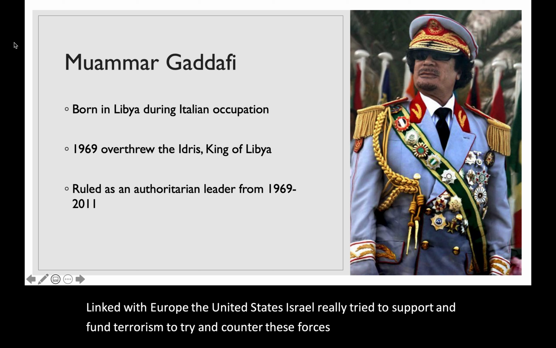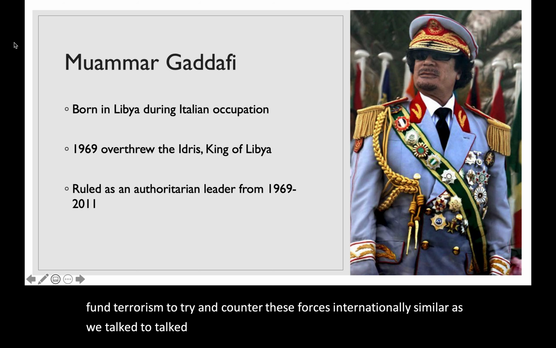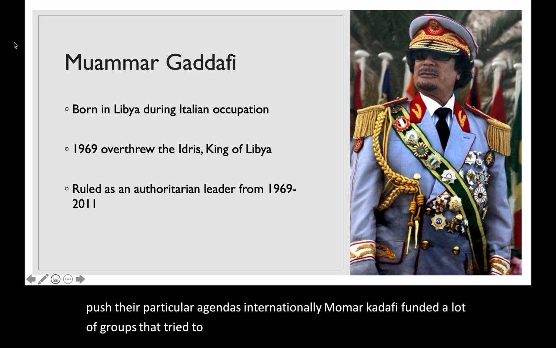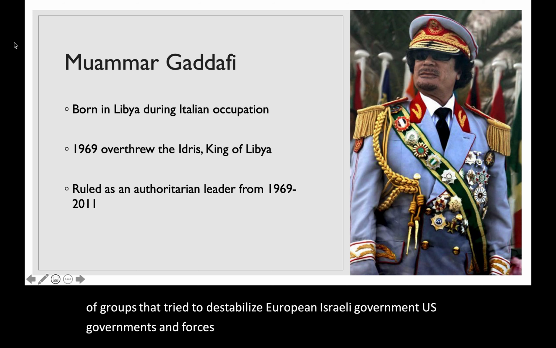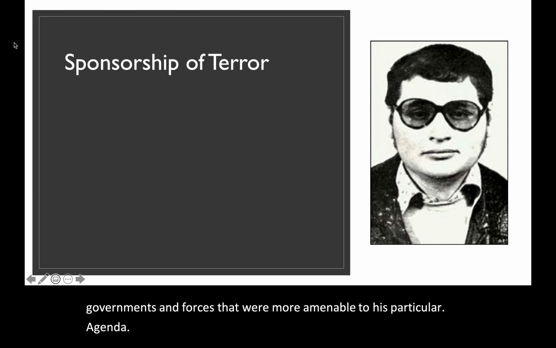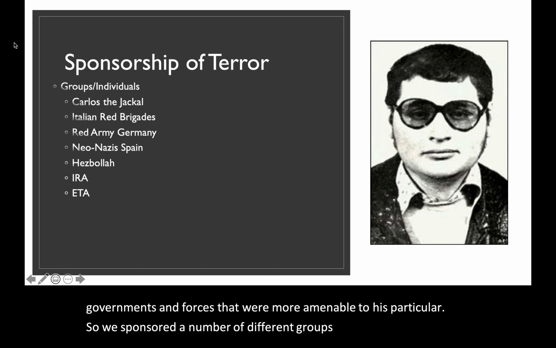Similar to what we talked about with Iran as a state sponsor of terror, trying to push their particular agendas internationally, Gaddafi funded a lot of groups that tried to destabilize European, Israeli, and U.S. governments, and forces that were more amenable to his particular agenda.